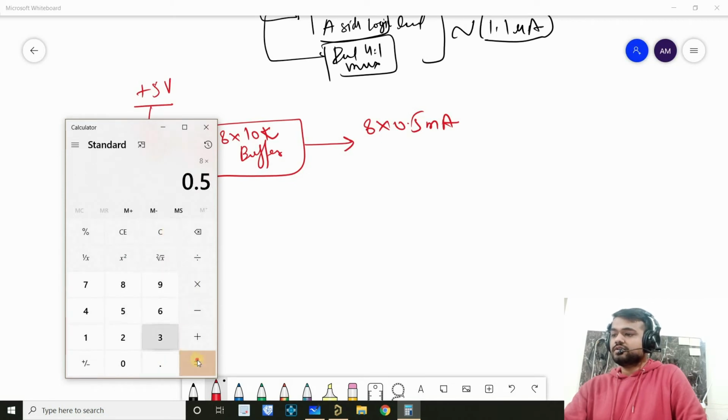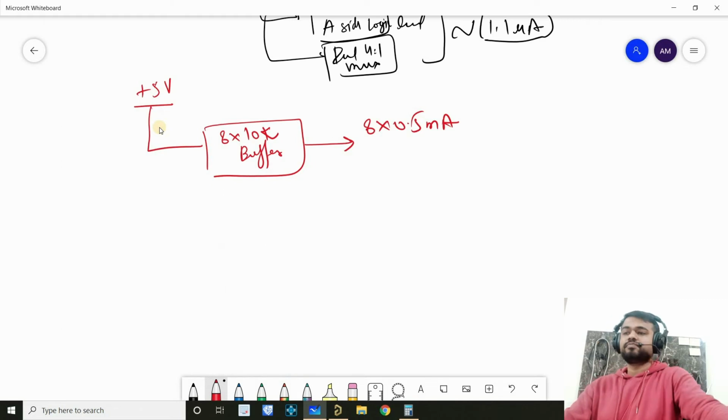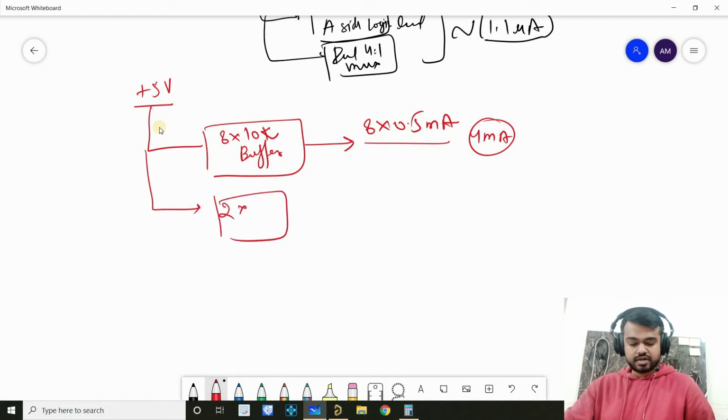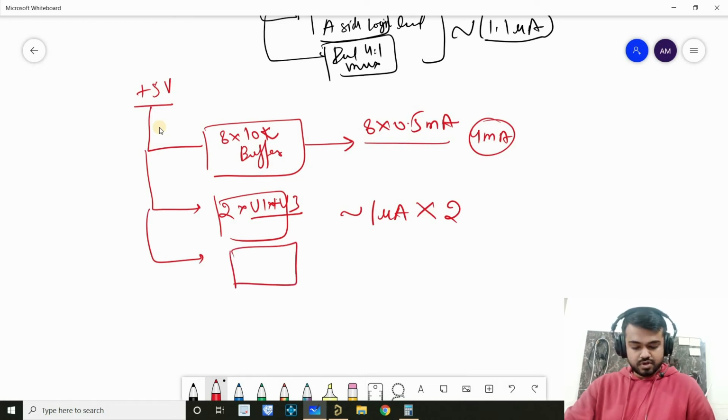8 into 0.5 will be 4 milliamps, right? So this will be a total of 4 milliamps here. Another load we'll consider. Here two ICs are connected, which are U1 and U3. These are again buffers, so their load current is 2 microamps for 2 chips. Another is U4.